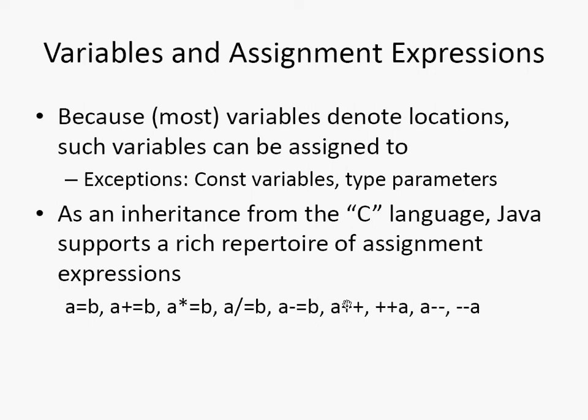But if you have foo bar times equals B, then it's clear it's the same variable being multiplied by B, being scaled by B. These provide useful shorthands, it makes it clear what's going on.